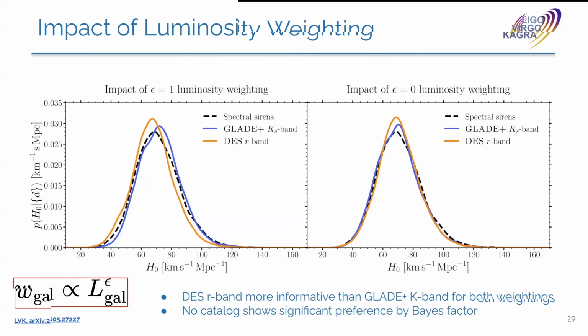So maybe I can add a little bit to the answer. I think we're talking about maybe a few percent level of constraint in the next few years with all these different standard siren methods combined. The major role of the standard siren measurement for this Hubble tension is mainly not to compete with the precision measured by Planck, because that's difficult, but to produce an independent measurement so that we can possibly say something about this tension.